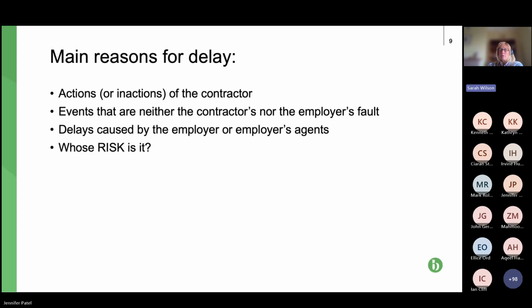But then there's that mid ground, the second bullet point, and these are the events that are neither the contractor nor the employer's fault. And these are usually the areas for negotiation and the areas to be careful of. The other two are generally taken for granted as to how they fall in terms of risk. But these mid events, we're talking about things like ground conditions, because ground conditions are, in theory, as a concept, nobody's fault.